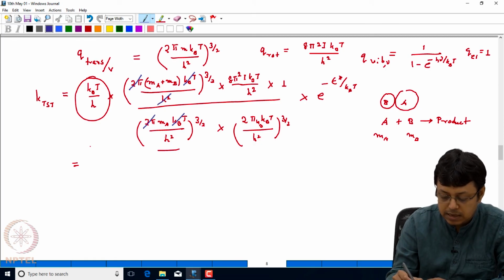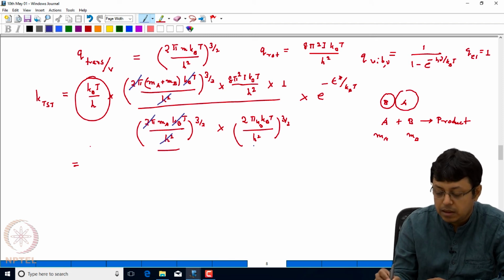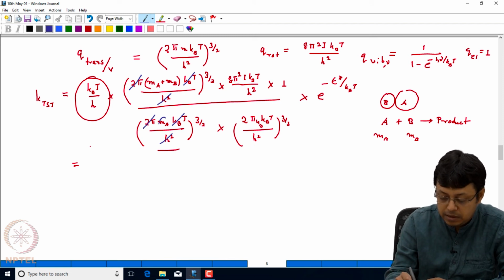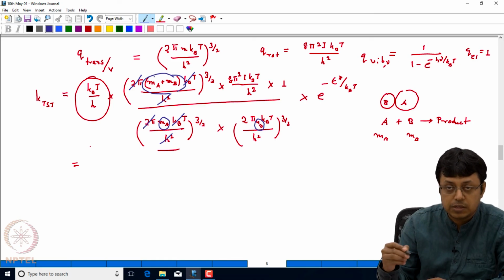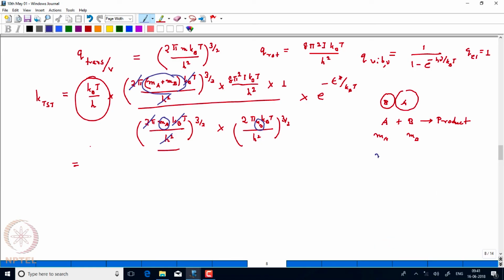So I'm saying that that is getting cancelled, and then I am left with 2π kBT by h² in the denominator, plus I have here Ma, Mb and Ma plus Mb. Now those things we can actually arrange, and we see here that it is nothing but 1 divided by (Ma Mb by Ma plus Mb) raised to the power 3/2. So that is nothing but the reduced mass, as it follows from the expression for the reduced mass. So this is nothing but 1 divided by μ to the power 3/2.